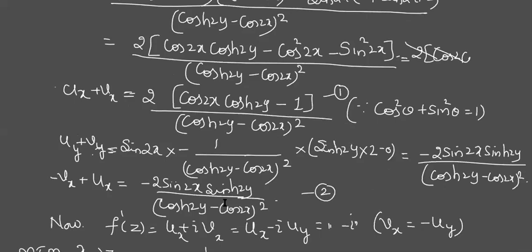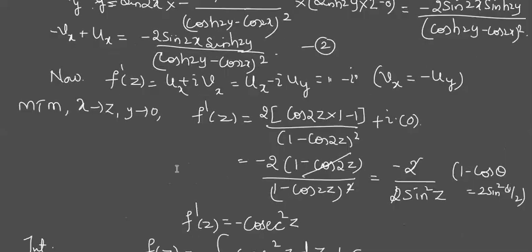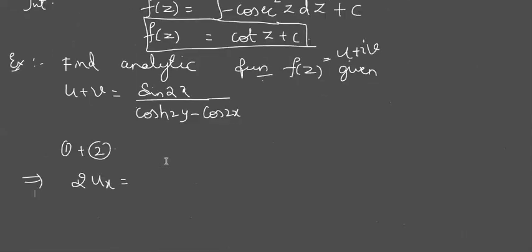For these two equations 1 and 2, the denominator is the same. In the numerator, see what you can take common. If I add, you can take a 2 common, because the second term is negative. It's a simple step.